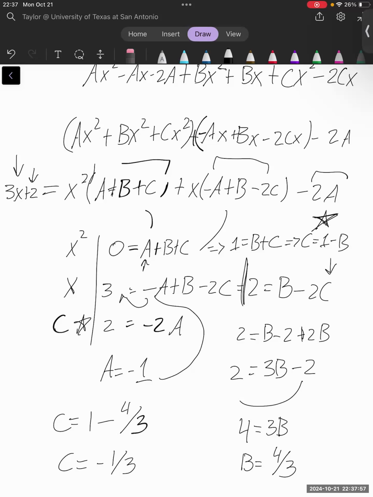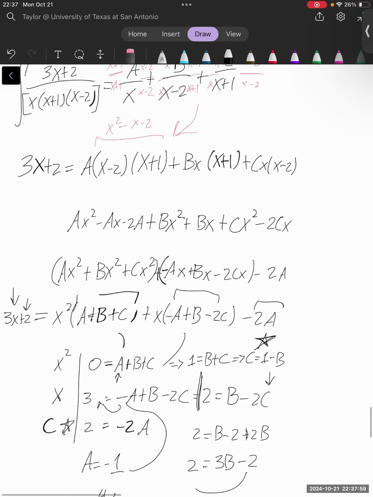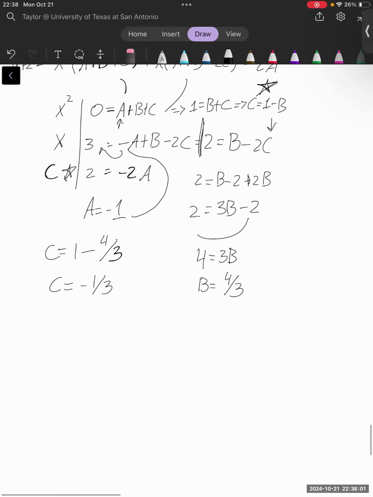So after all of that, I am going to bring down our original expression, which was a over x plus b over x minus 2 plus c over x plus 1, substituting in a, b, and c. A is negative 1.